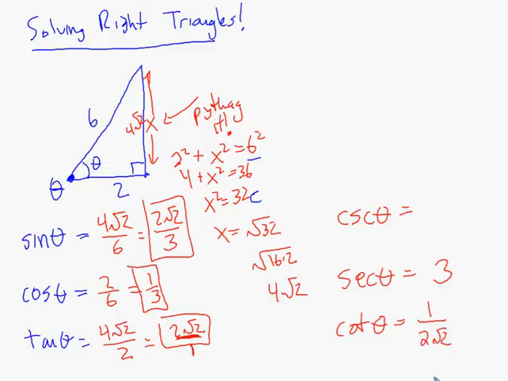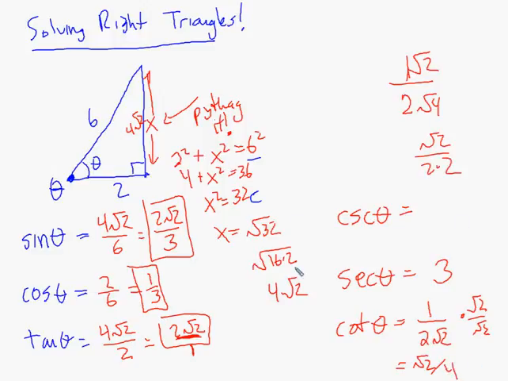Can I leave it like that? No. I need to rationalize, right? So I get root 2 over 2 root 4, which is root 2 over 2 times 2, since the square root of 4 is 2.